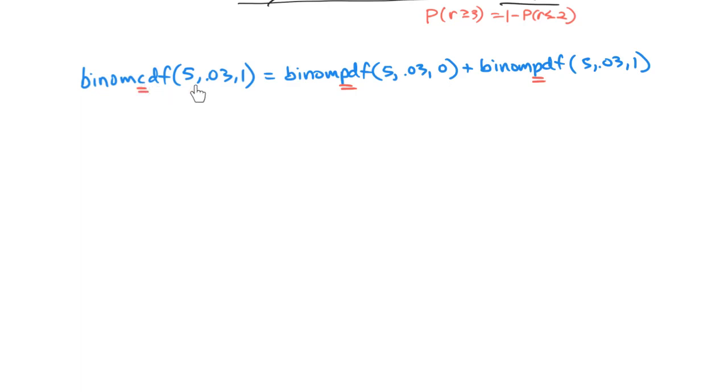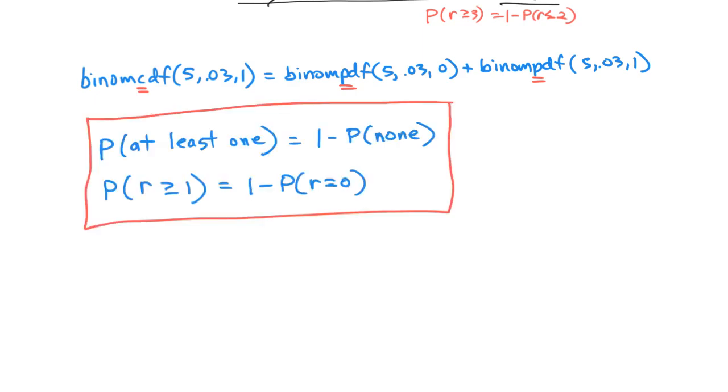Binomial CDF always starts at 0, goes to whatever this is, which is 1 in this case. So that's the same as binomial PDF at 0 plus binomial PDF at 1. This means r equals 0. This means r equals 1. And this means it's a cumulative from r equals 0 to r equals 1, including 1. Okay, so just wanted to make sure we're clear on that one.